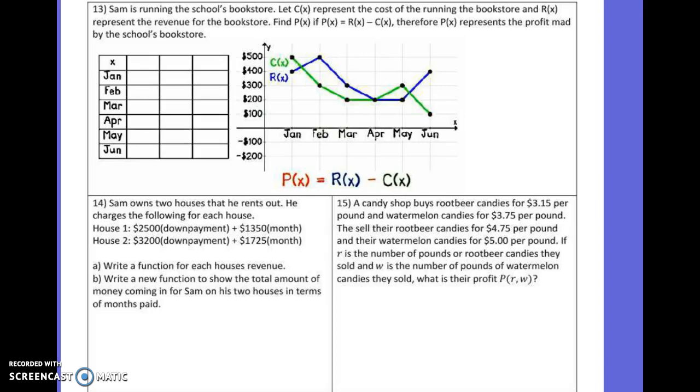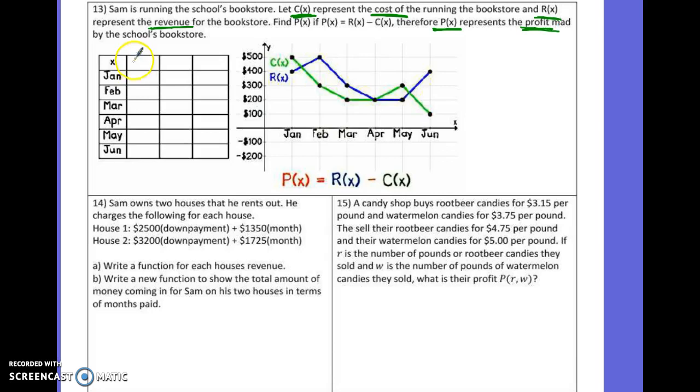Sam is running School's Bookstore. C is cost, R is the revenue. So we got R revenue, C is cost, and P is you take the R and subtract the C, and it says therefore P represents the profit. So if I take the revenue and subtract the cost, I get the profit.